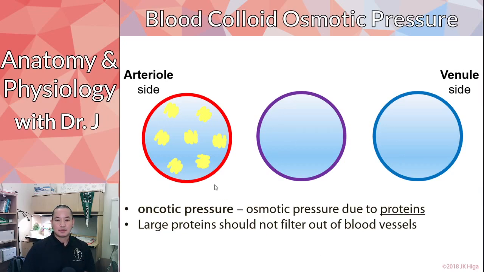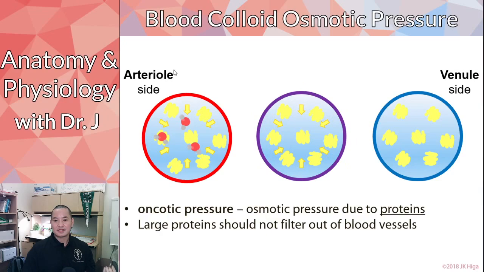So what should happen to the protein concentration when you go from the arterial side to the venous side? If these proteins don't filter through, you should have the same amount of protein going from one side of the capillary to the other. So we have that oncotic pressure, which contributes to blood colloid osmotic pressure, and this is going to draw water back into your vessels.